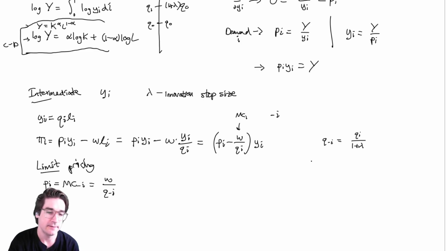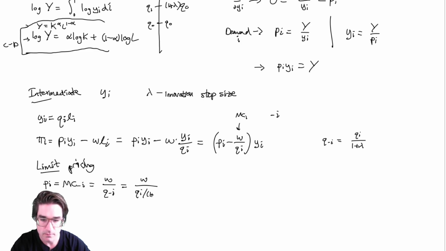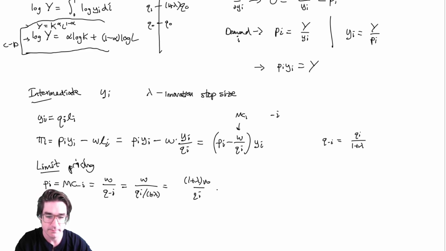Okay, so then Q minus I, that firm right behind you, is just your productivity divided by that factor. Another way of saying it is your productivity is the old productivity Q minus I times 1 plus lambda. Then if that's true, this is W over QI over 1 plus lambda, which is 1 plus lambda times W over QI, or 1 plus lambda times your leading firm's marginal cost.